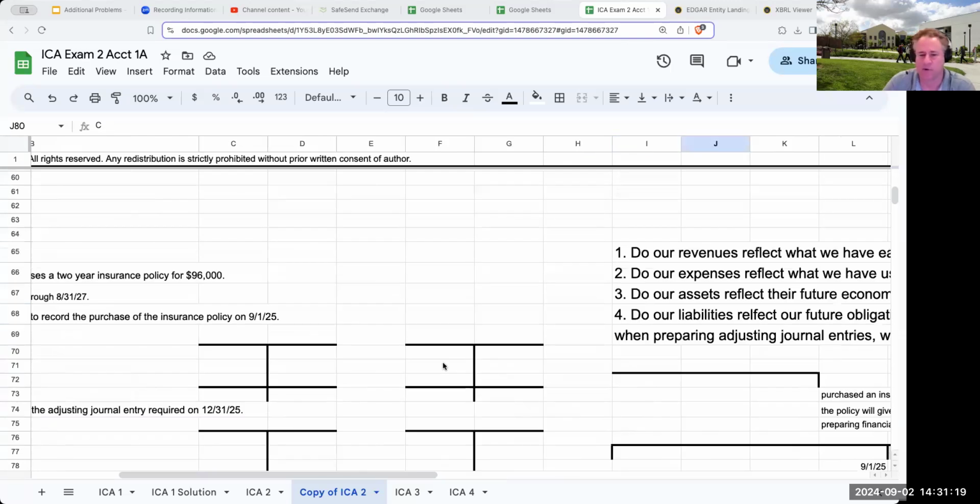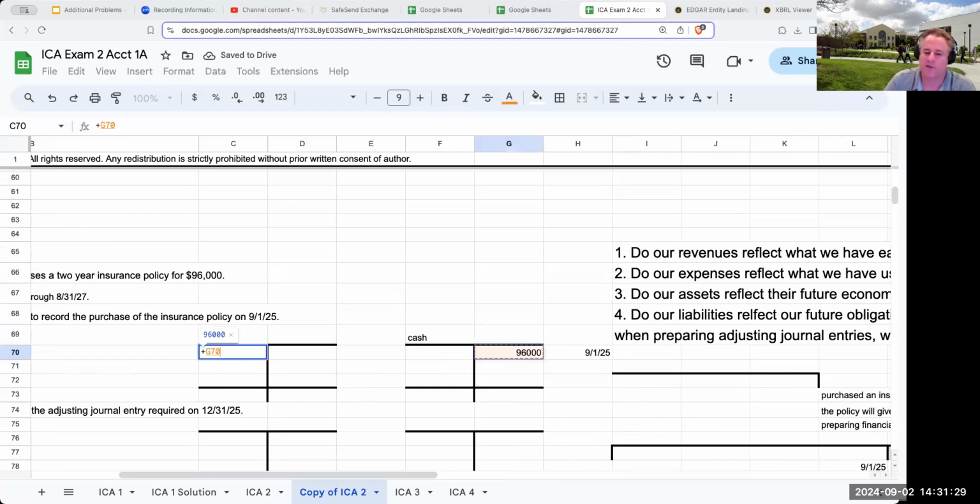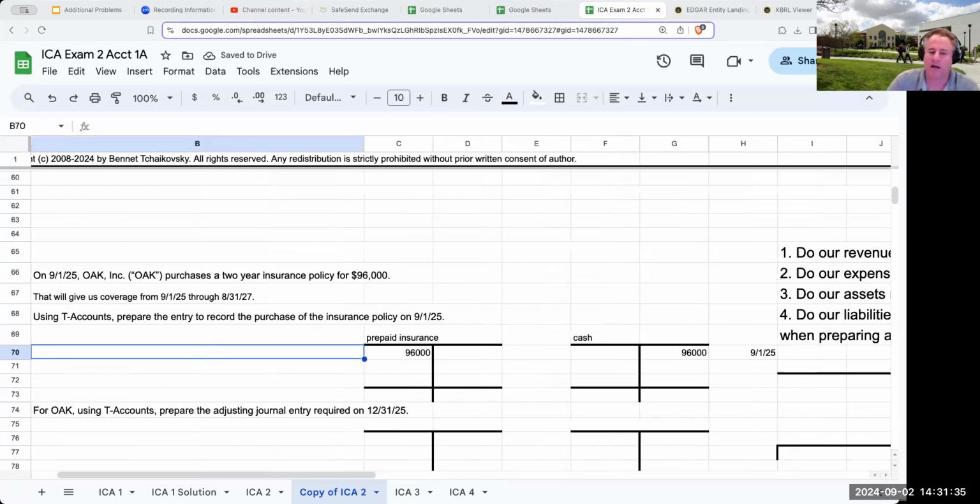I'm going to show that decrease with a credit. This is going to be on 9/1/25. For every credit, I need a debit. My debit is going to be to prepaid insurance. This is an asset the moment we buy the policy because it is giving us future economic benefit.